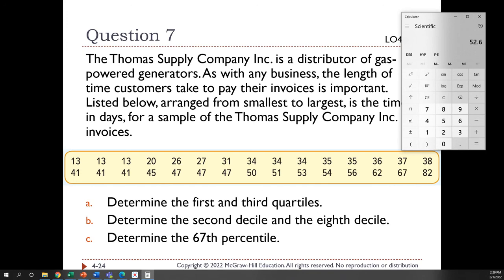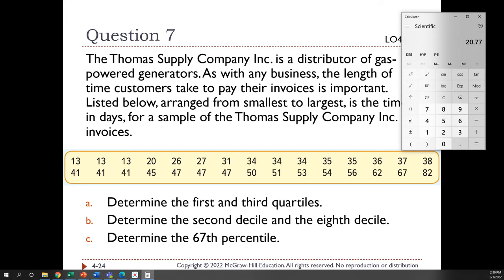Nice. All right, so now they want to determine the 67th percentile. So P, big P in our formula, is 67. So again, we take 67, divide by 100. Multiply by 31.